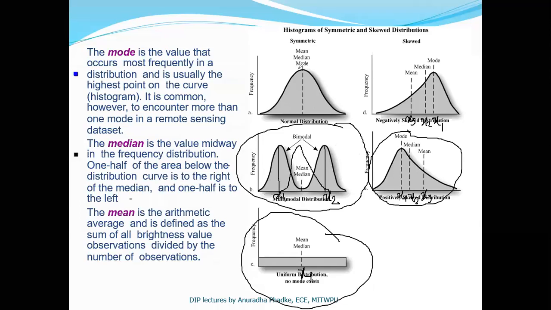Okay. So from the histogram, we can get an overall idea of the given image. Whether the image has Gaussian distribution, or negatively skewed distribution, positively skewed distribution, or approximately uniform distribution.